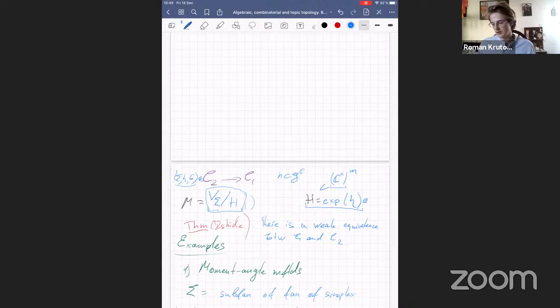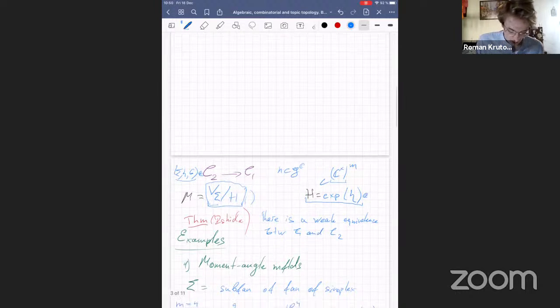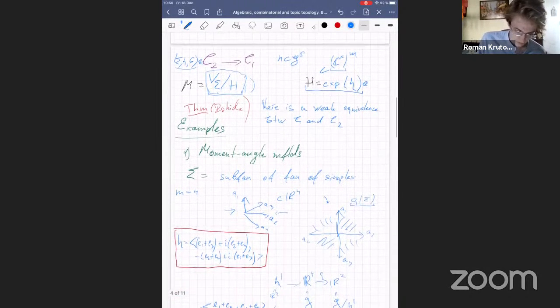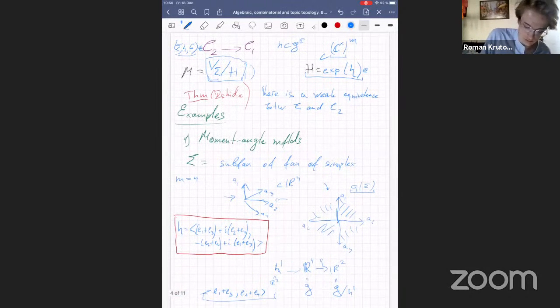So this tells that in the realm of complex geometry, these are in some sense the most general spaces which can be associated to some kind of data of a fan and a compact torus. And there are well-known examples. So the first of them is moment-angle complex manifolds.